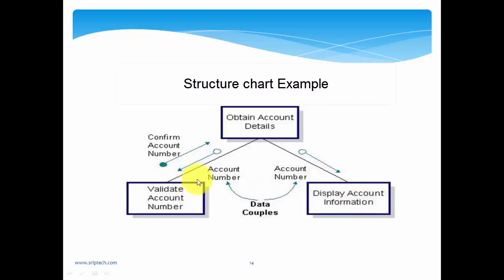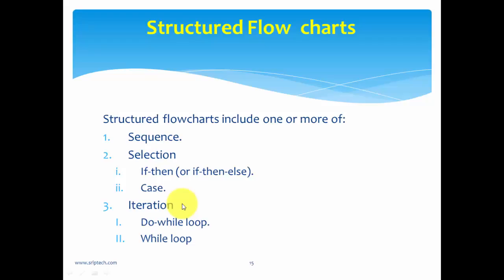So in this case, we can call this account number a data couple. Why do we call them data couples? Because they are used to couple the data, or they are used to call two different modules for getting more information.